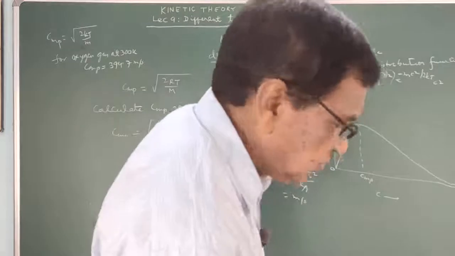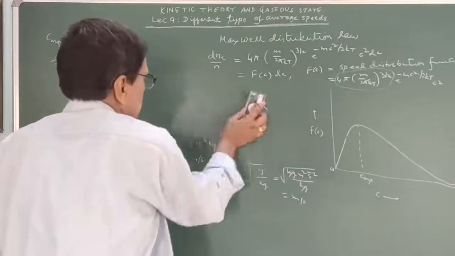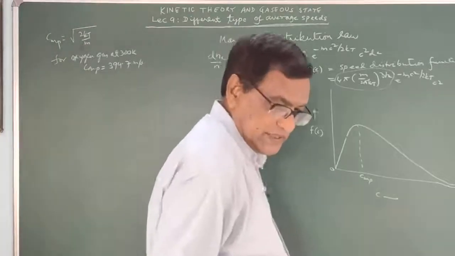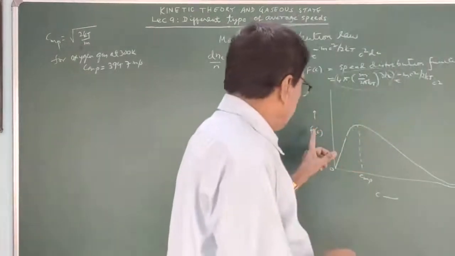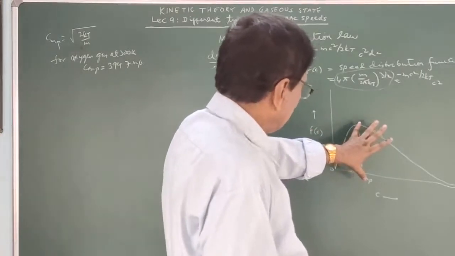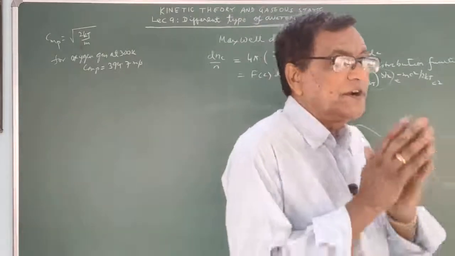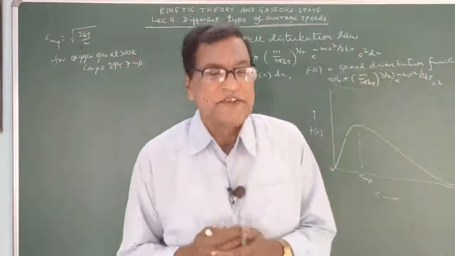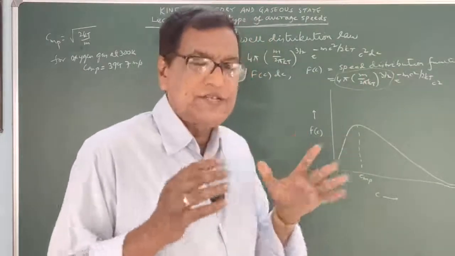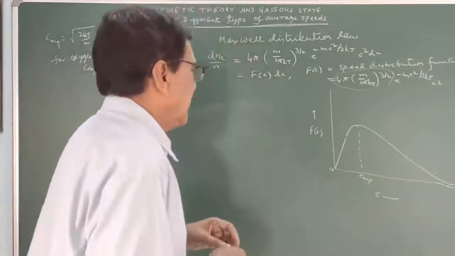Now we would like to show that this f(C_MP), the fraction of the molecules having the most probable speed, will decrease with temperature. This is also a very important question set in Calcutta University. I will show it.